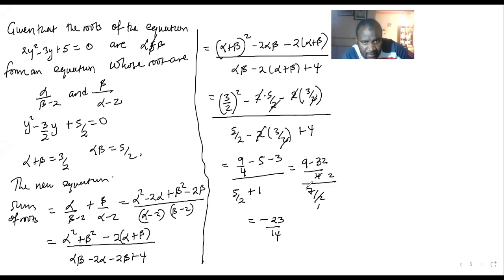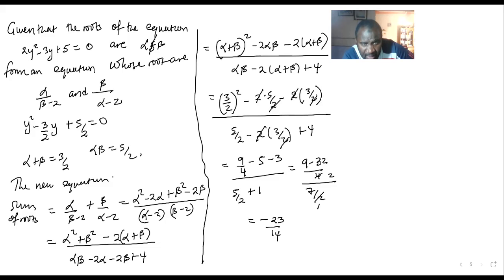Okay, that is correct. So negative 8 times 4, you get negative 32. Very correct. Then down here, you have 5 over 2 minus 2 times 3 over 2, yes. There's a plus 4 there, yes. 4 minus 3, you realize it is 1. I think we are correct.